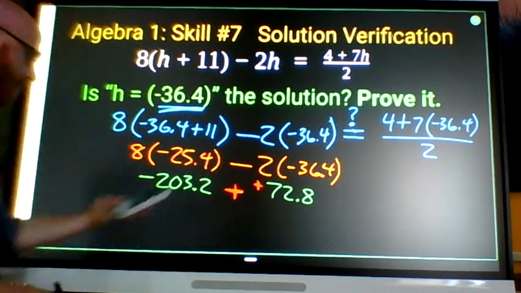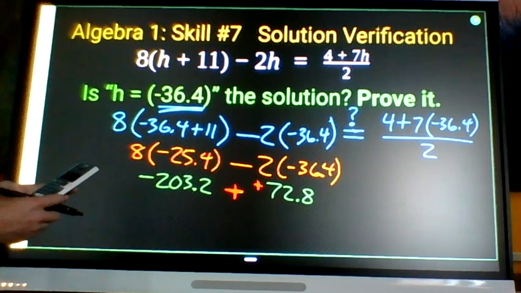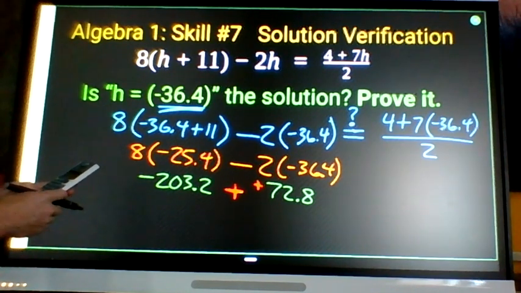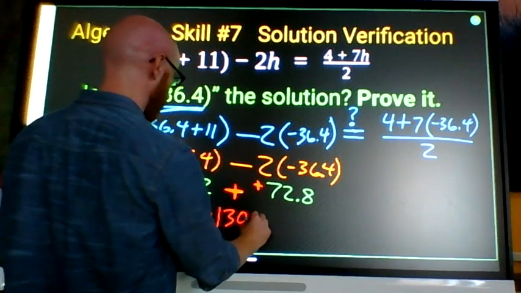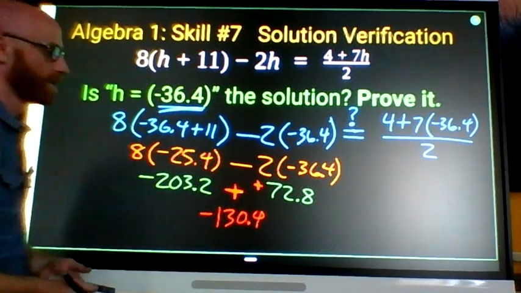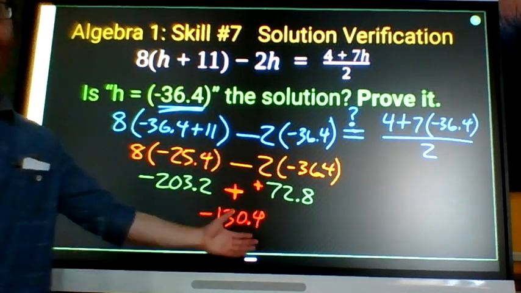So I'm actually going to use the calculator for this. Negative 203.2 plus 72.8, and we get negative 130.4. Now, I feel like I'm done. I got an answer.